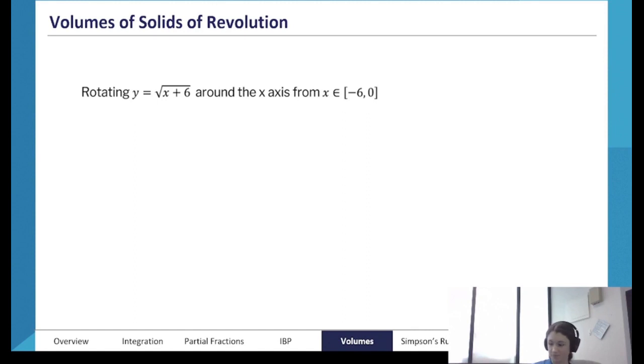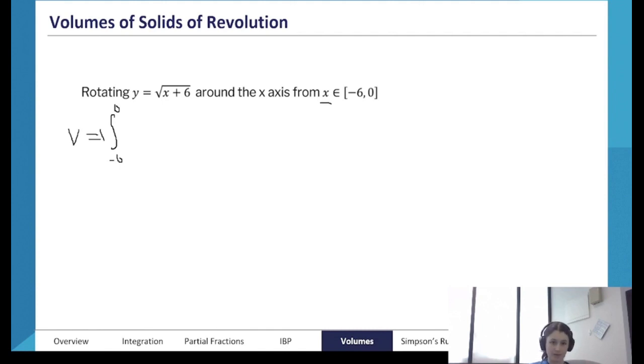X. So, what we can do is our volume. Our limits are going to be negative 6 and 0, and these are given to us in x values, which is what we want.